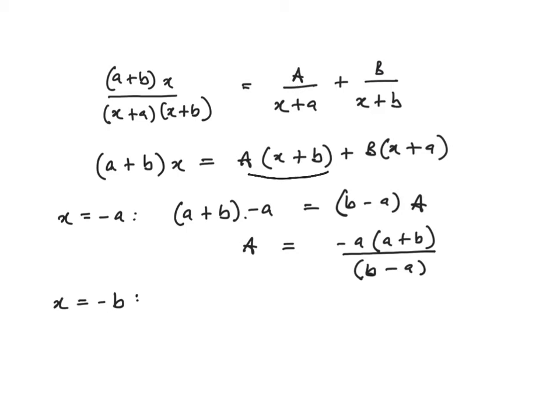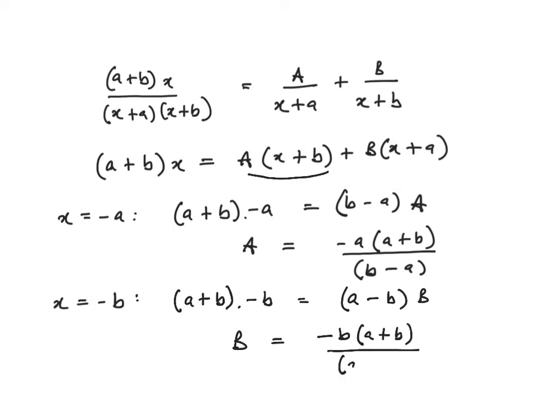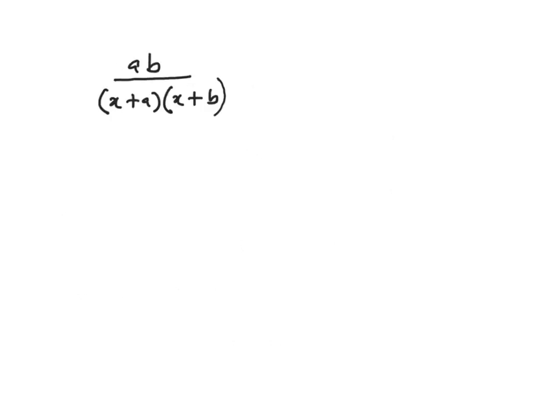So a plus b times minus b equals a minus b lots of B, and B then is equal to minus b lots of a plus b over a minus b. So this is the second part that I want to deal with.